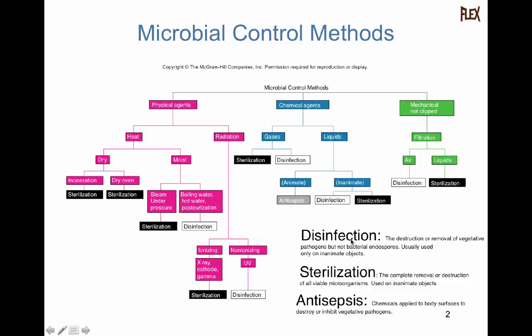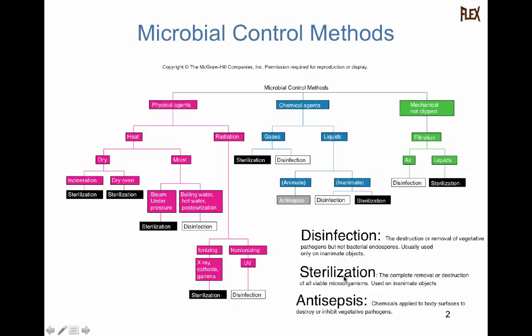Number one, disinfection. This would be the destruction or removal of mostly vegetative pathogens, but when you disinfect something, you do not necessarily destroy the highly resistant and hardy endospores. And the application here typically is only on inanimate objects.